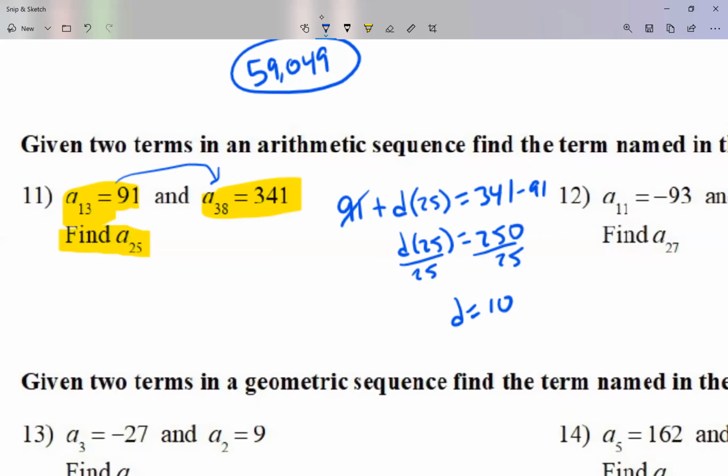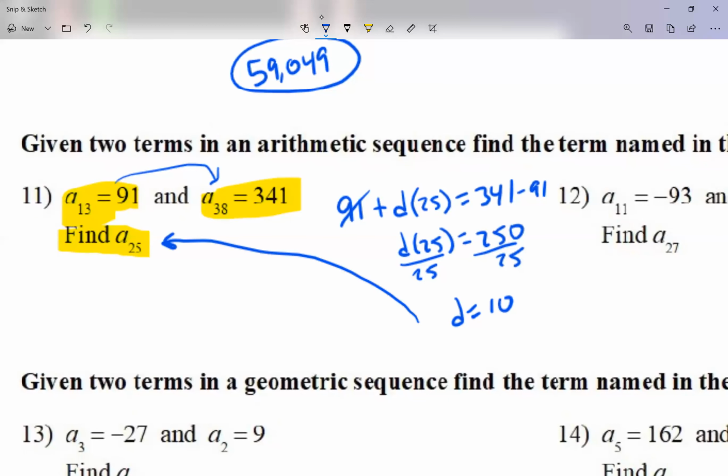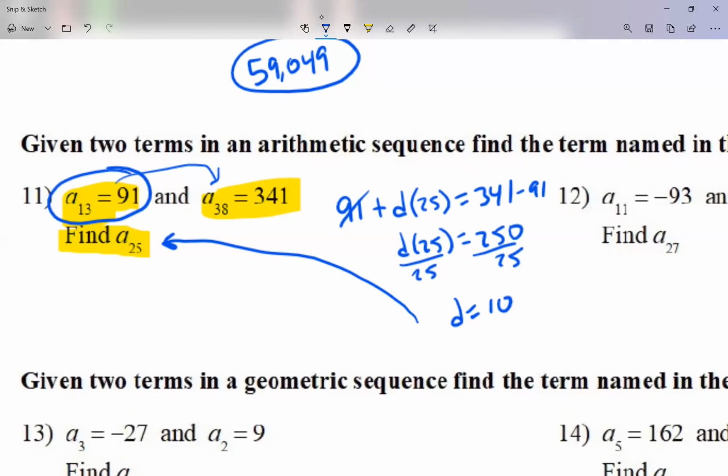Okay, so now I just told you we added 10 each time. But my answer here is not 10. The question that I'm asking is, give me the 25th number. Okay, the way I'm going to do this, I'm going to choose a number before the one I'm looking for. I want the 25th number. I have the 13th. So that's what I'm going to start with. 91.